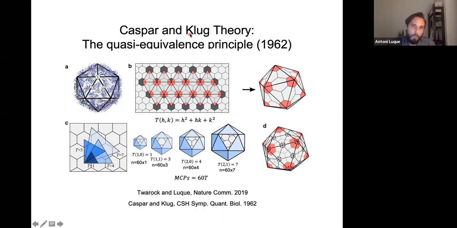And Caspar and Klug proposed a very elegant solution to that, a very clever mapping of the problem. Instead of solving the problem in 3D, they showed that you could study how the proteins could be organized in a 2D lattice and then map it onto an icosahedron.